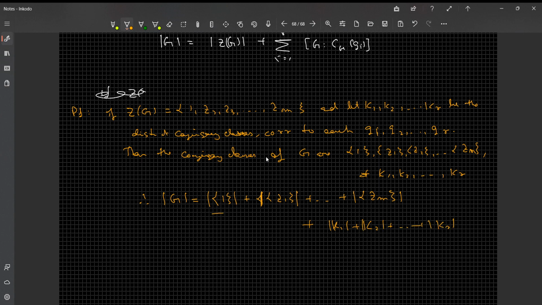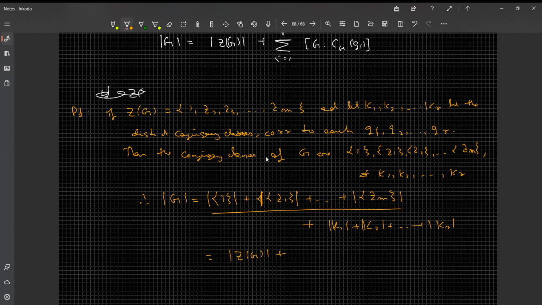But this whole thing is nothing but the cardinality of ZG, right? Because 1 is in ZG, Z1 is in ZG, till Zm is in ZG, and so the number of elements here are exactly the number of elements in ZG.